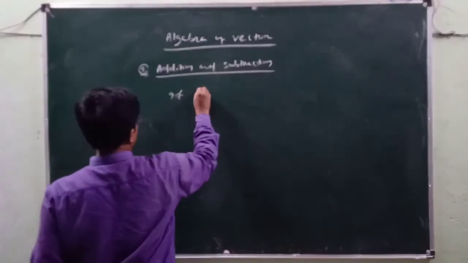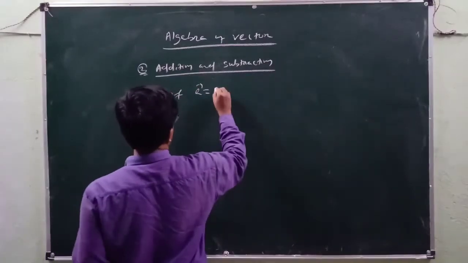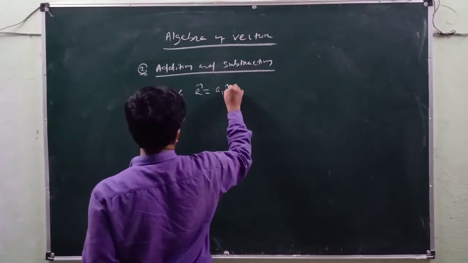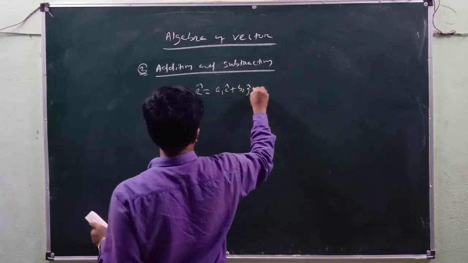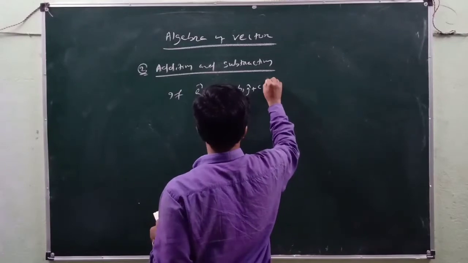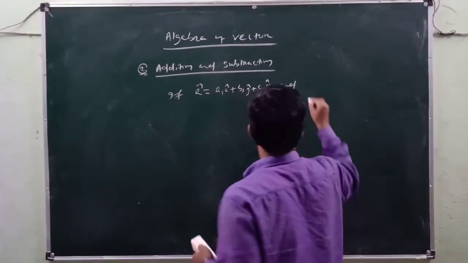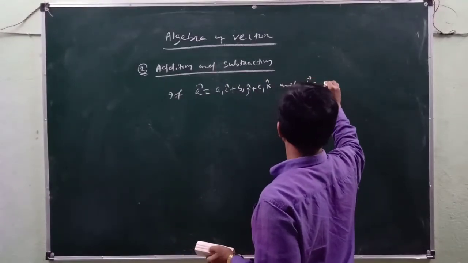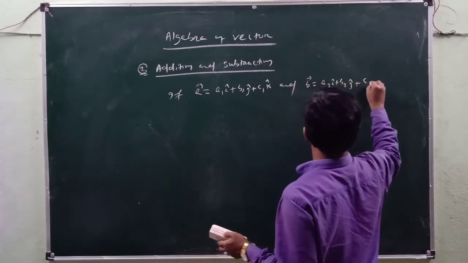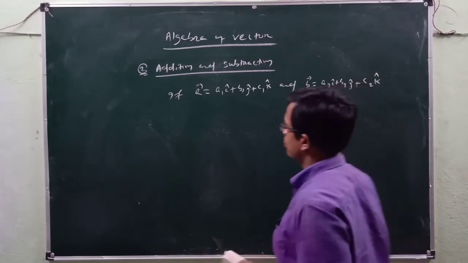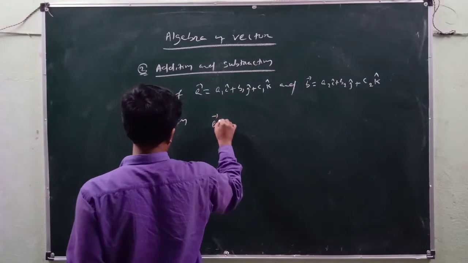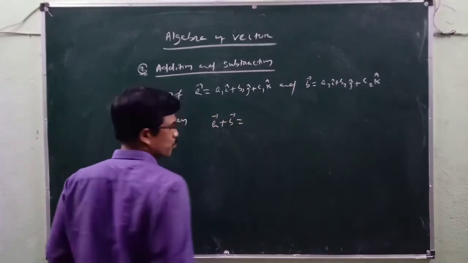If a is a vector which is a1 i cap plus b1 j cap plus c1 k cap, and b is also a vector which is a2 i cap plus b2 j cap plus c2 k cap, then their addition will be a vector plus b vector.